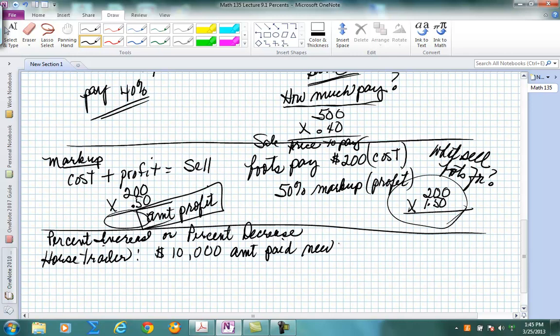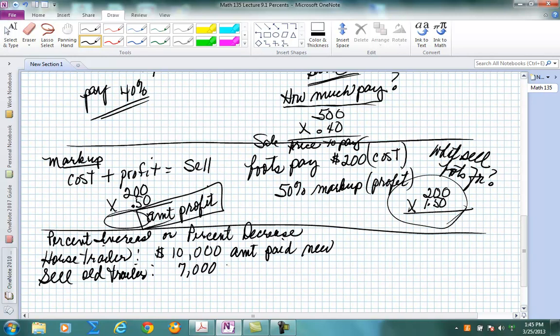Well, I've had it for a few years. It's not new anymore. So the value of it has decreased. So I'm going to sell the trailer, the old trailer, let's say for $7,000. So I have a loss. So what is my percent of decrease?